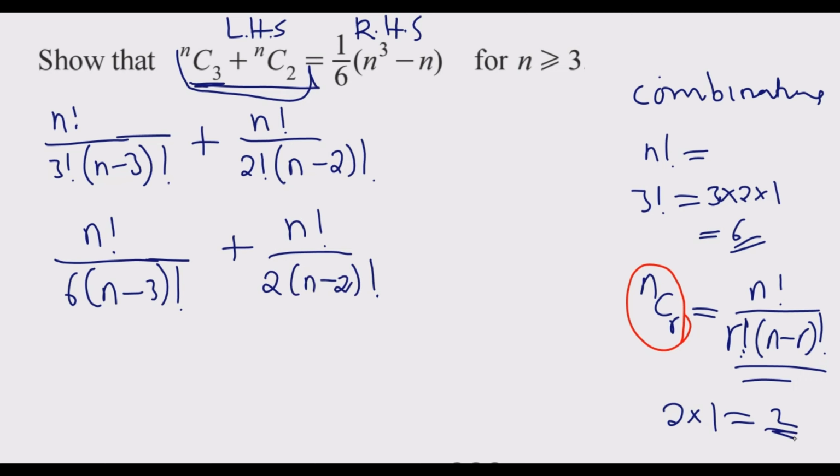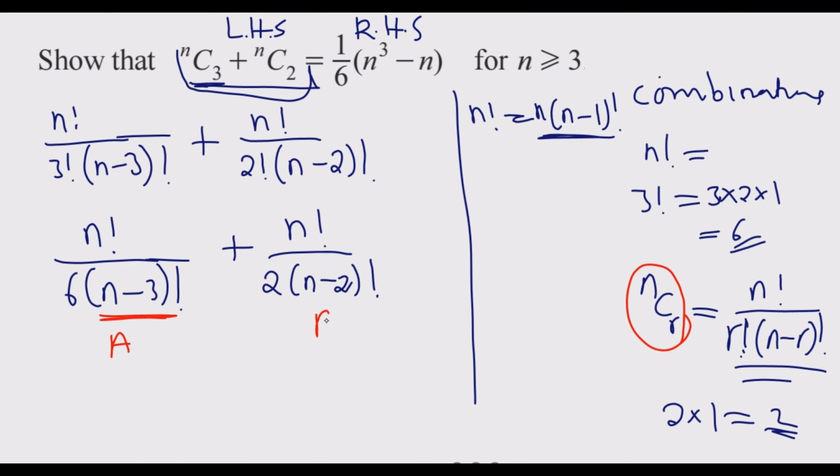Then what I need to do now is, n factorial, let me just create space here. n factorial is the same as n multiplied by n minus 1 factorial. This is the same up to here. Then I can further simplify, because I want to end with this one, so that what is on top and what is down cancel. I'll start with A, then this is B. Once I explain A, we're just going to duplicate B with the same principle.